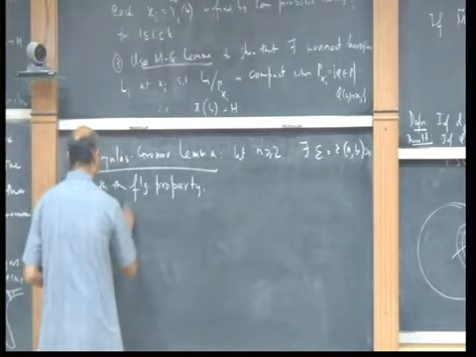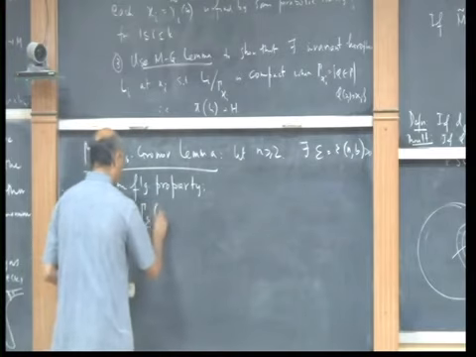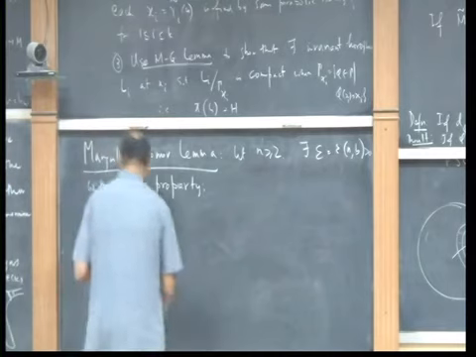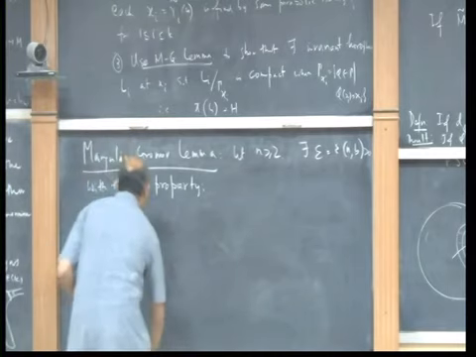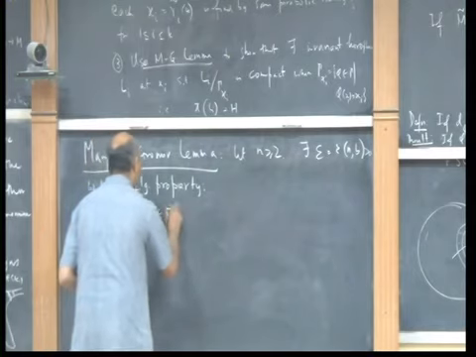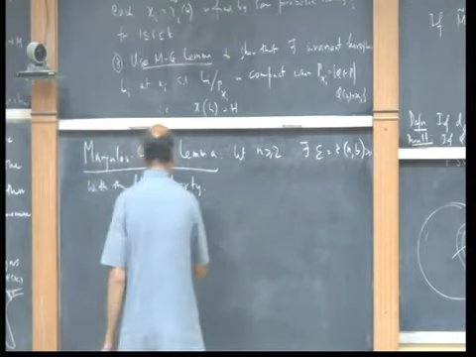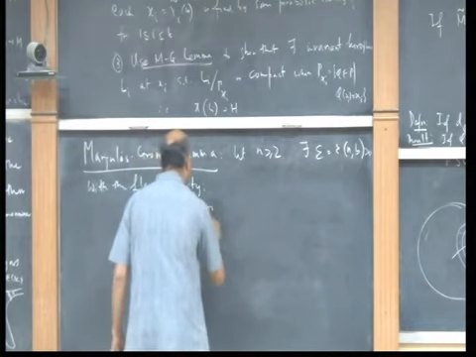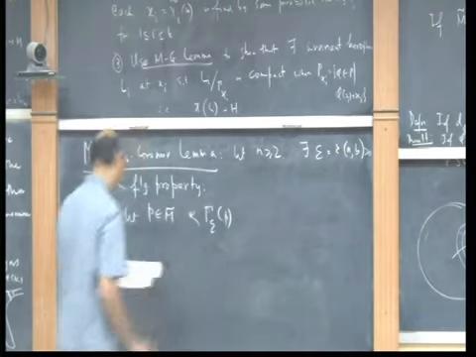Let's put it this way. Let P tilde be the point as in the theorem, and define gamma epsilon P.